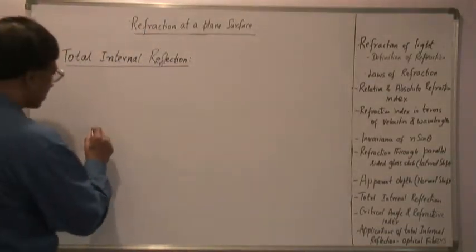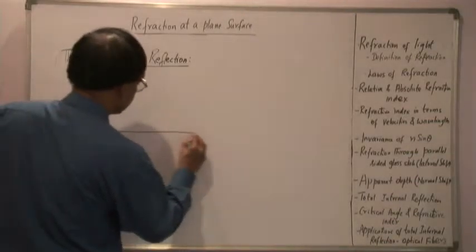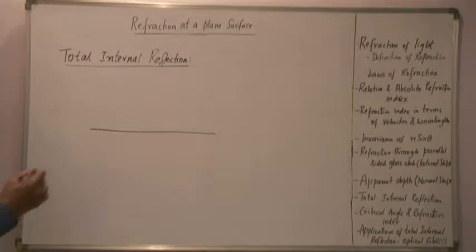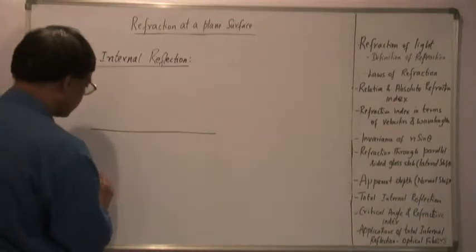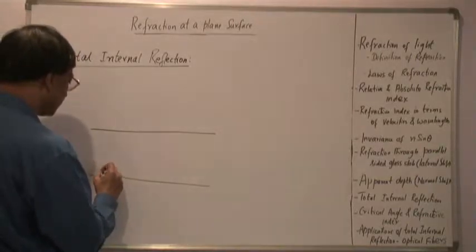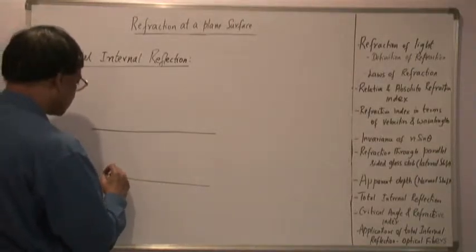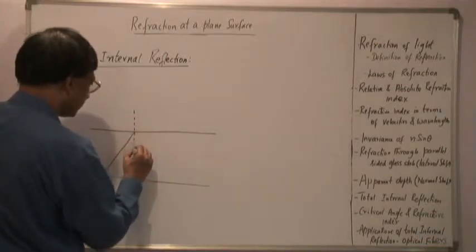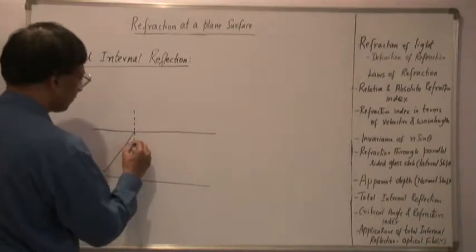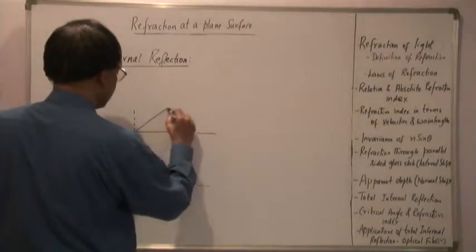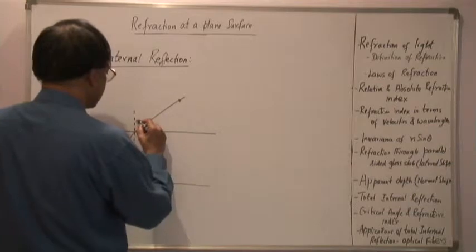So remember, when we talked about refraction, we mentioned that when there is a source of light here, if this is the angle of incidence, then this would be the angle of refraction.